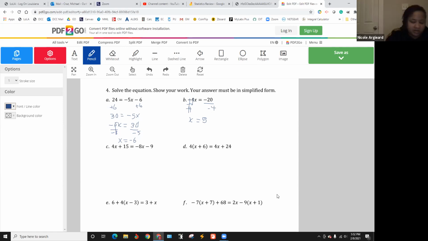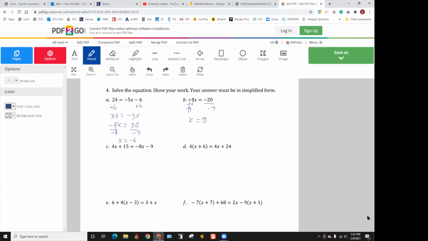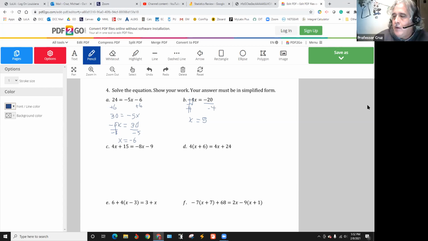For C, I got -2. All right. Anybody else want to second that? I got the same. All right. Let's see then. All right.